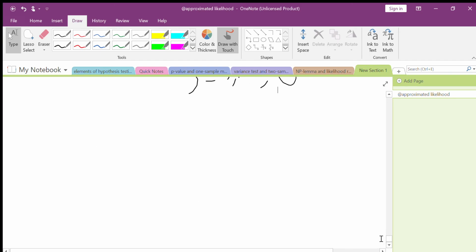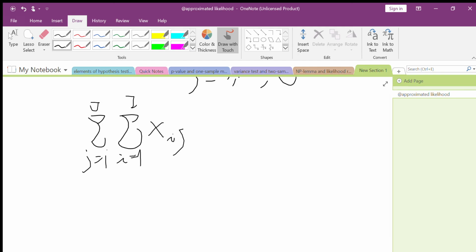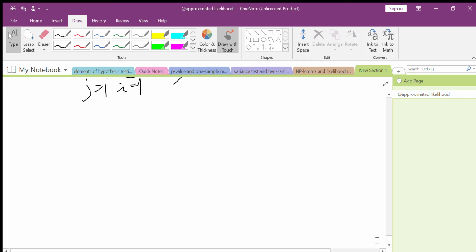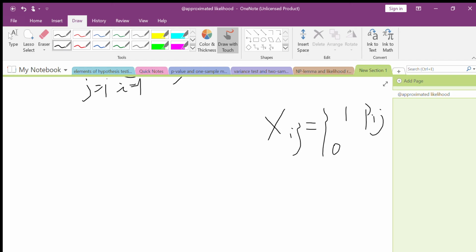We have two more constraints. First one is the summation over small i from 1 to capital I and small j from 1 to capital J of xij equals small n. Again, capital Xij takes 1 with probability Pij, takes 0 with probability 1 minus Pij.